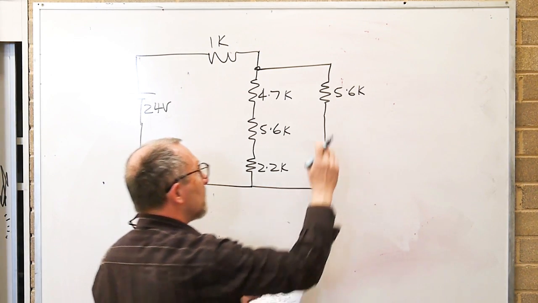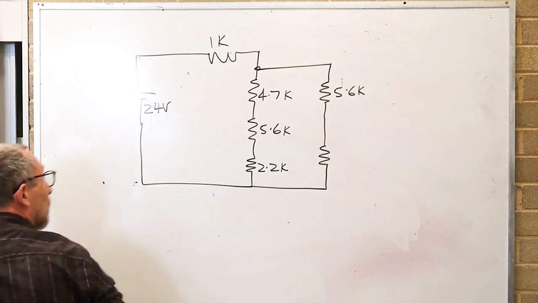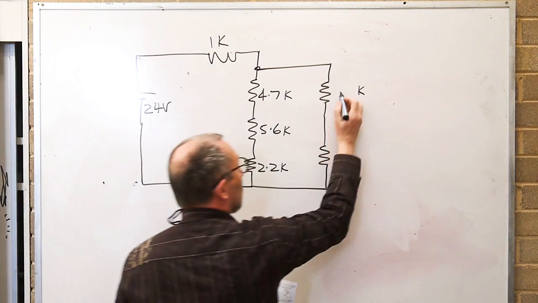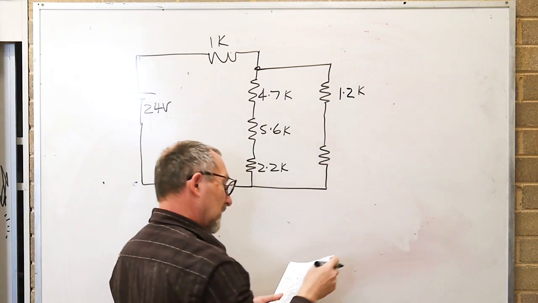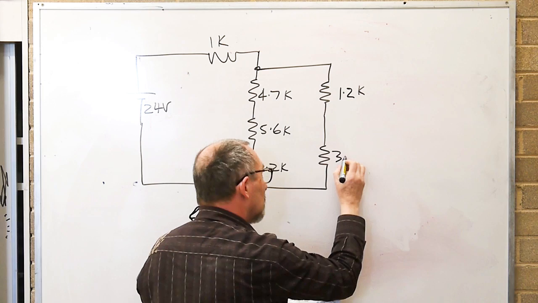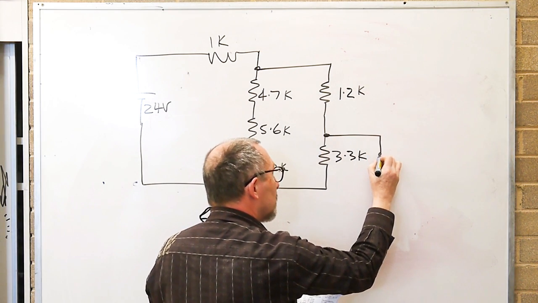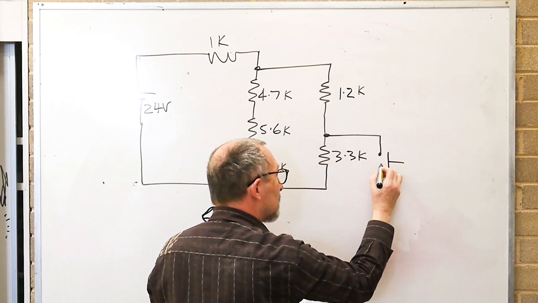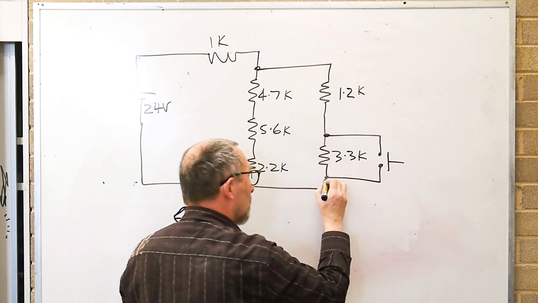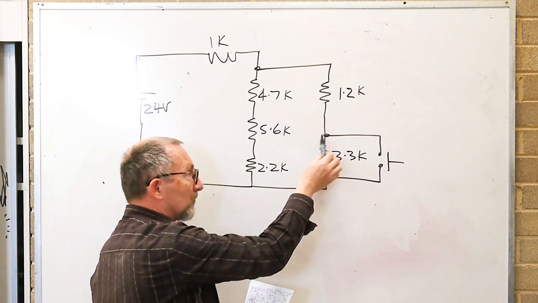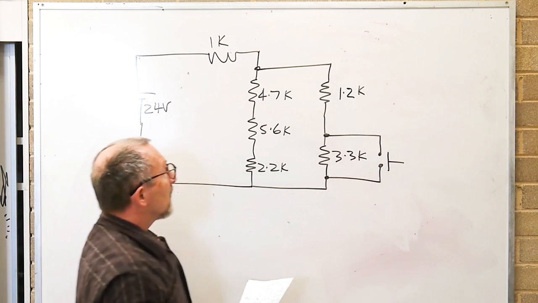The 1.2K at the top, thank you. 1.2, 3.3. And this one has a switch across it, but the switch is open. So we can just ignore the switch, and therefore we've still got the full resistance, 3.3K.